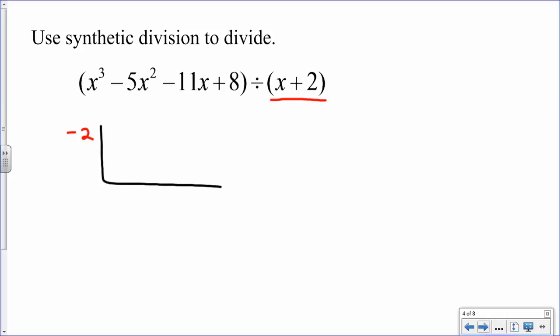Look at your dividend, see if you have skips: 3, 2, 1, constant, so I'm okay there. What's the coefficient in front of x cubed? What about x squared? Negative 5, good, then it's negative 11, positive 8. So bring the 1 down to get started.